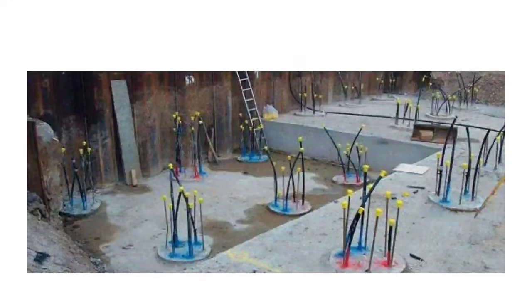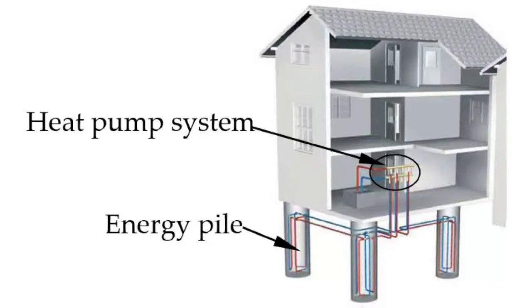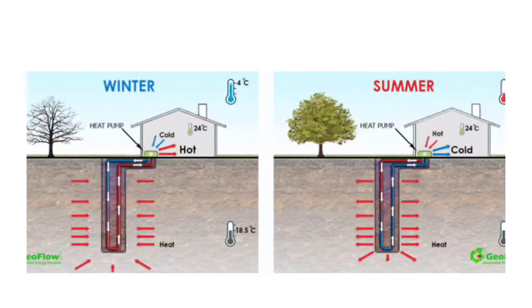Now these pipes will be connected to a heat pump. The actual working of the energy pile will be: you have the energy piles over here. These energy piles will be connected with the heat pump system of the building, and these heat pump systems will be connected to the secondary circulation system of the building. So during winter, as I said, this is a closed loop, right?